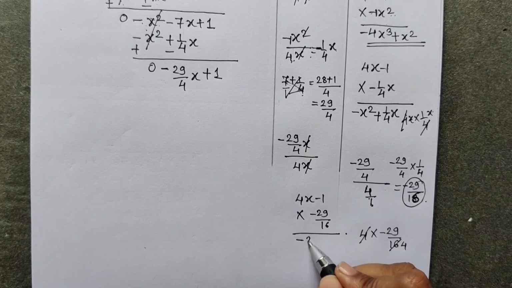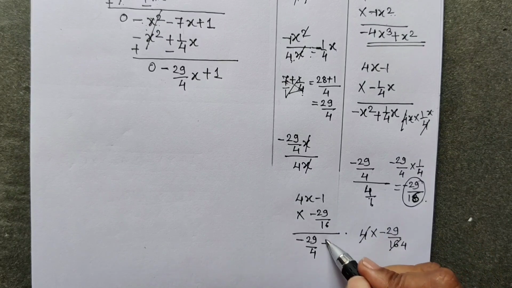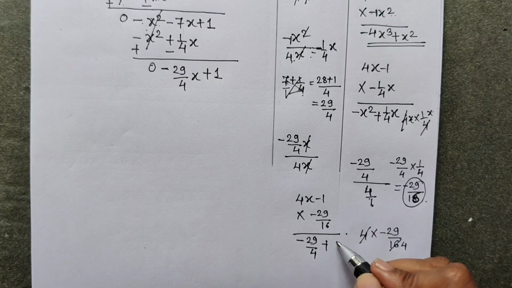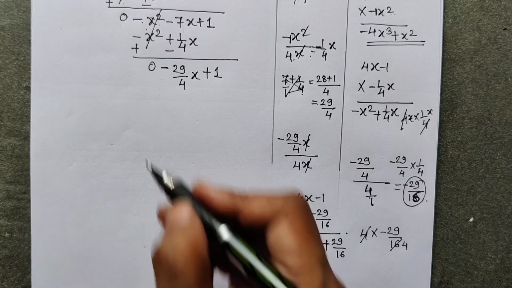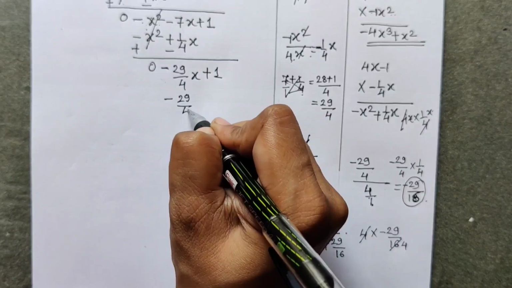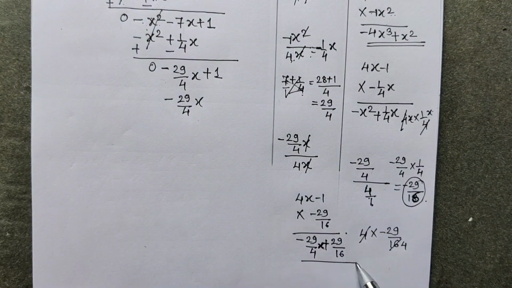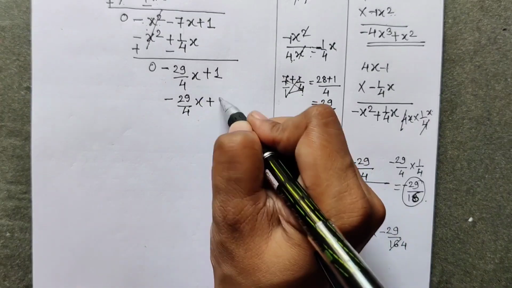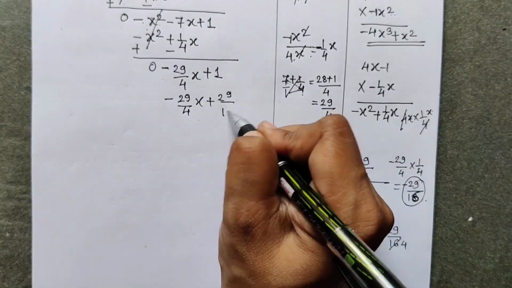So we are getting minus 29 upon 4. Minus minus becomes plus. 1 into 29 upon 16 is 29 upon 16. So this is minus 29 upon 4x. X I forgot to write here. X is there. Plus 29 upon 16.